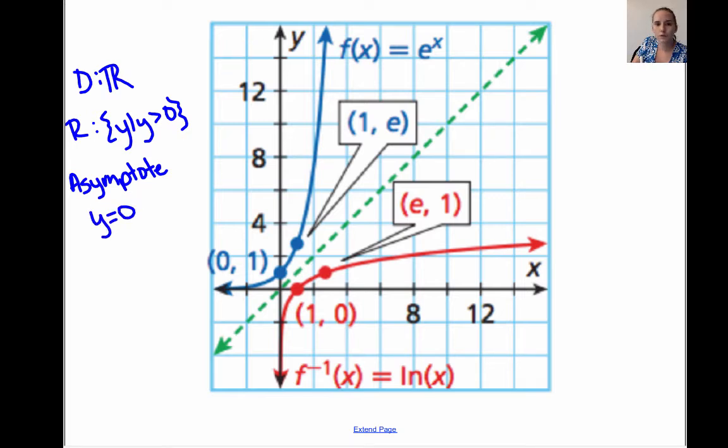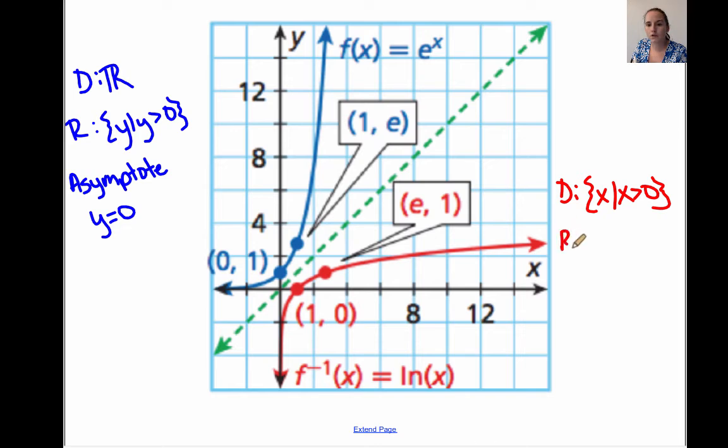And of course, for the logarithmic, the natural log here, the logarithmic function, it still reflects over the line y equals x. They are inverses of each other. Your domain here now becomes the set of x values, only the ones that are greater than 0. X is greater than 0.